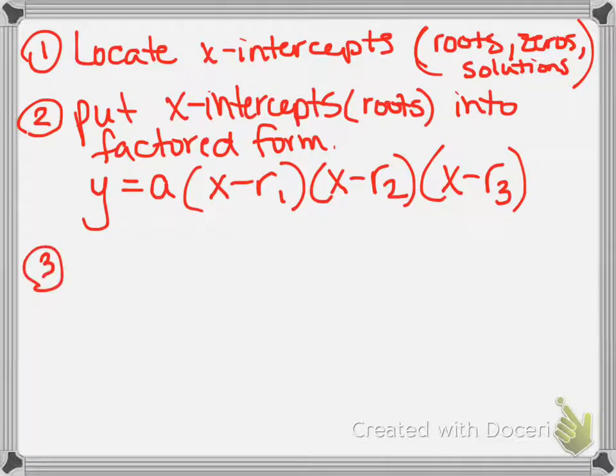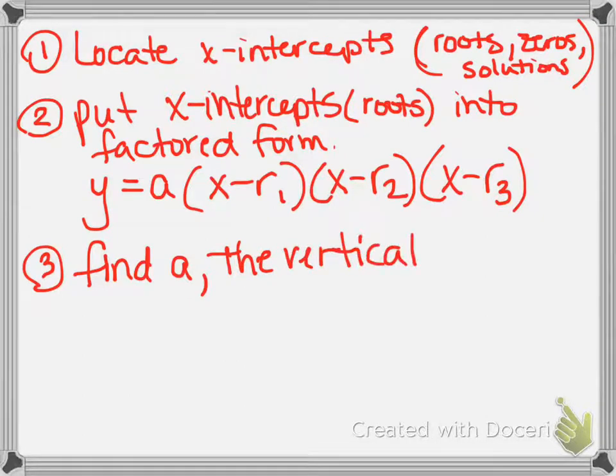The third step is to find A, and I'll show you how to do that. I'll show you the long way and then I'll show you the shortcut, depending on what information you have. So find A. Remember, that's your vertical scale factor.